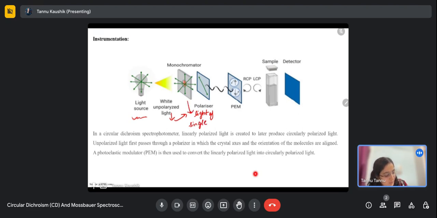This monochromator will give a light of single wavelength, and if this monochromatic light is passed through a polarizer, we will get a plane polarized light.